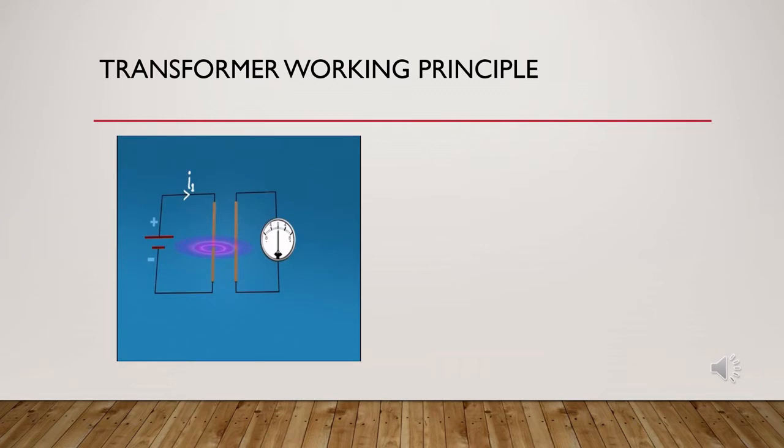But after some time, deflection becomes zero, because both conductors are stationary, which means there is no relative movement between them. This is known as dynamically induced EMF.